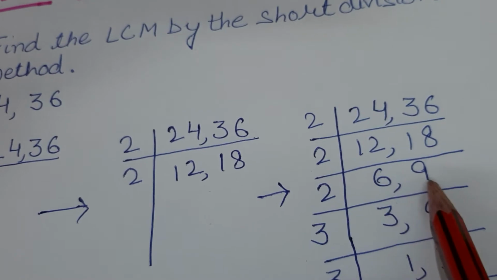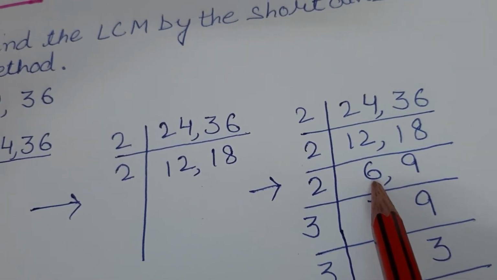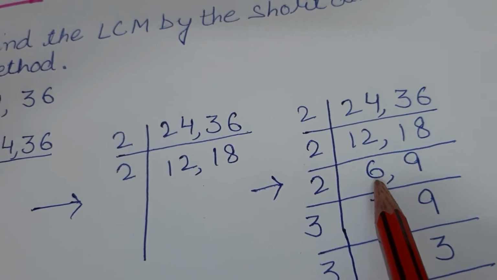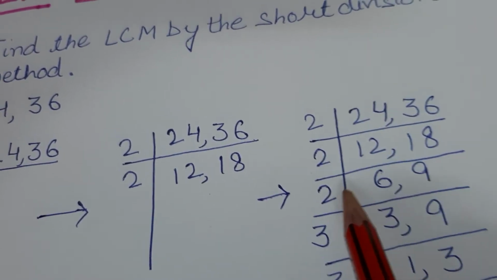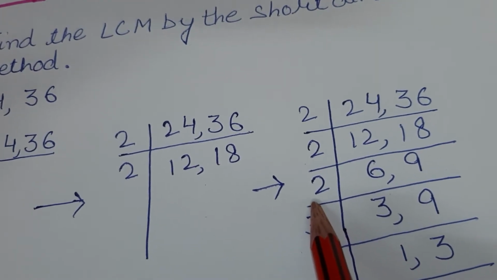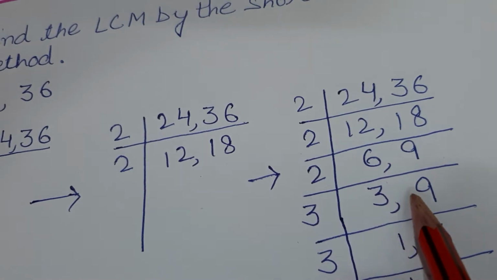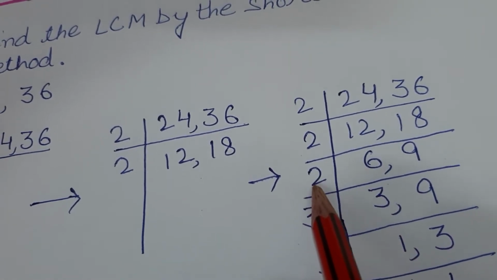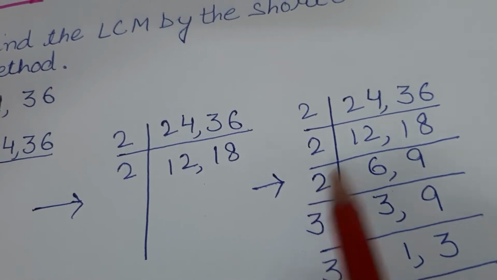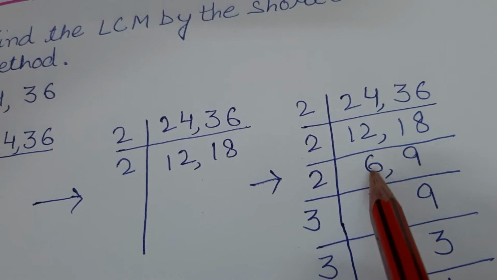Now 6 and 9. 6 is an even number, but 9 is not an even number. Doesn't matter, you divide by 2. Till the time you are getting even numbers, even a single one, you are supposed to divide by 2. So again I will divide by 2, 2 3s are 6.